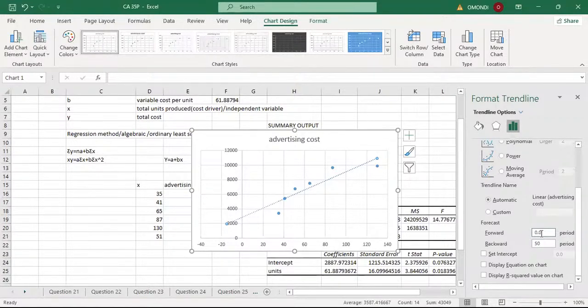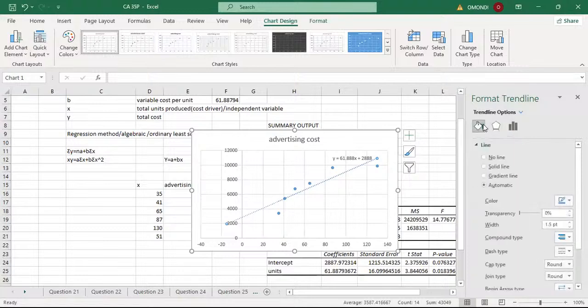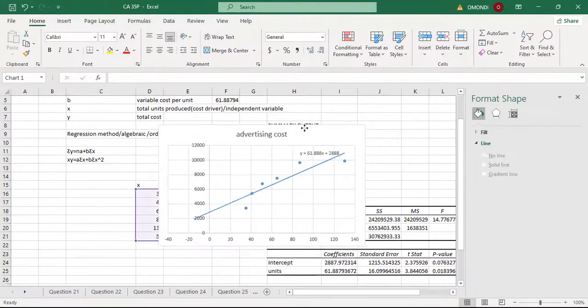Okay, let me show you that. I think that one will be okay for you to understand. Okay, so let's now see what I am trying to explain.